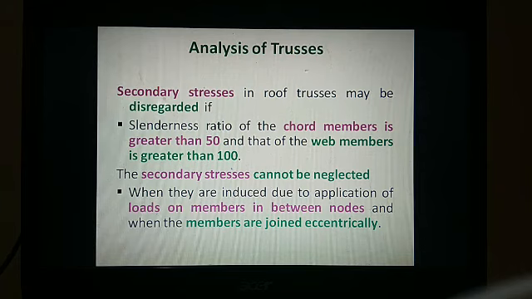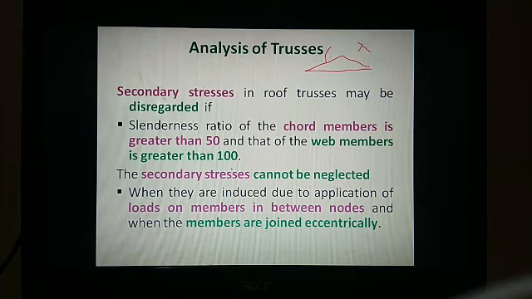You check the effective length of the member with respect to the radius of gyration, from which you get the slenderness ratio. That slenderness ratio should not be greater than 50, and it should not be greater than 100 for the web members. That is how you can check the top chord members or even the bottom chord members with respect to their slenderness ratio.